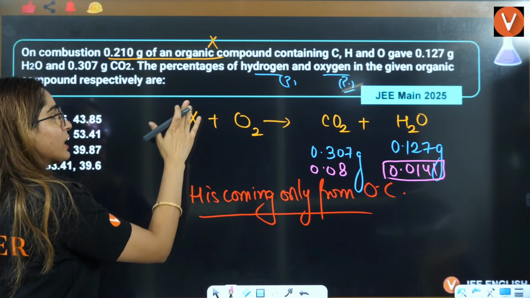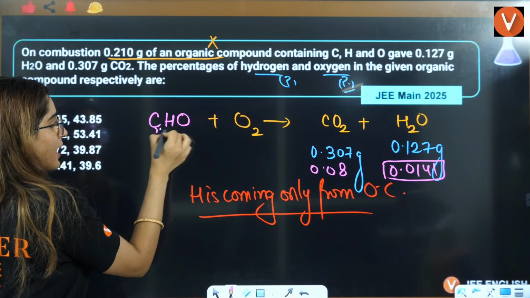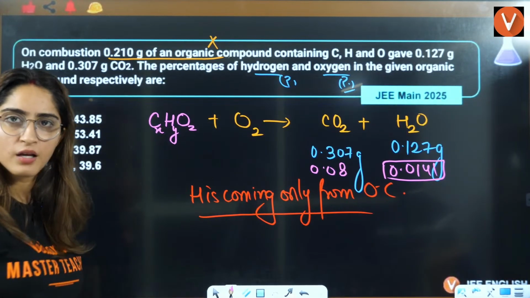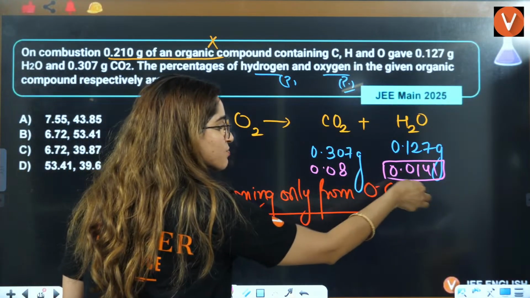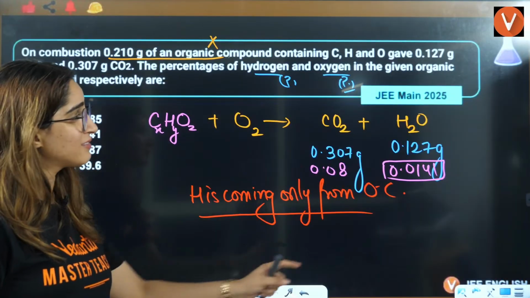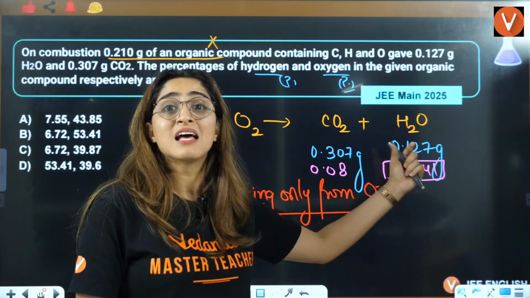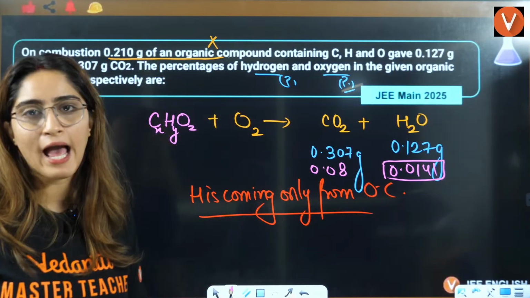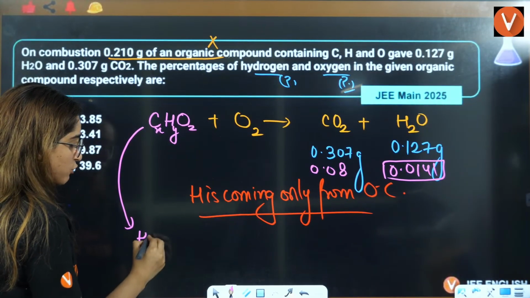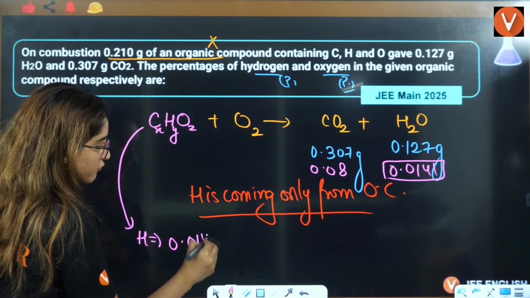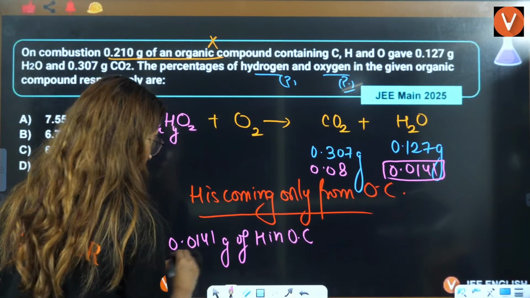In the organic compound, you have some amount of X, some amount of H, some amount of O, let's say X, Y or Z. Now, in this particular gram of water, you have this much gram of hydrogen. That hydrogen is coming from the organic compound. That means in this organic compound, the amount of hydrogen is 0.0141 gram.